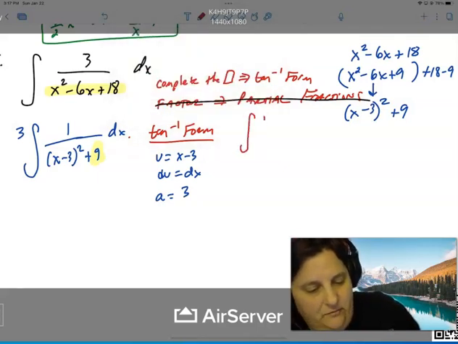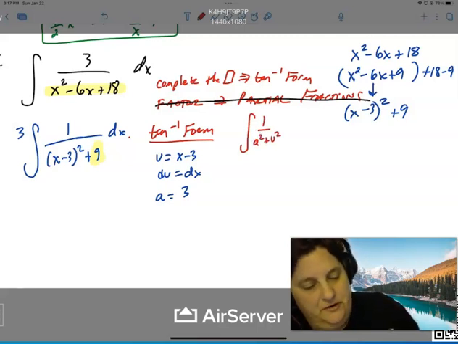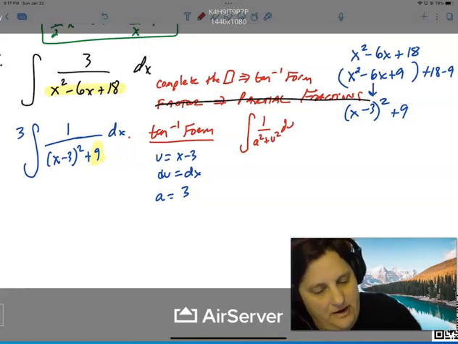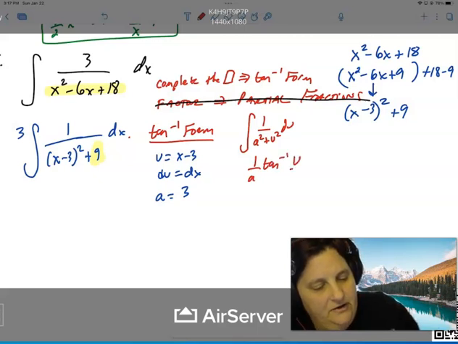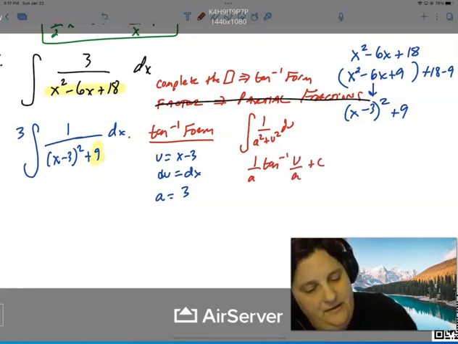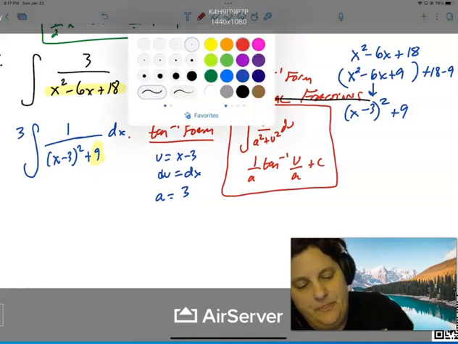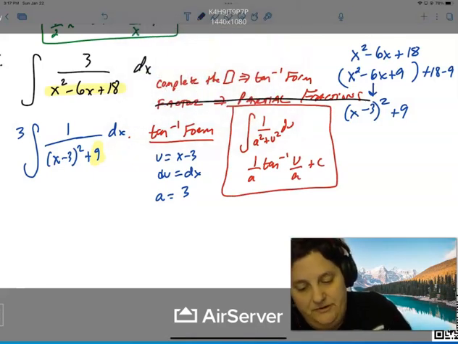Now, I want you guys to remember, for inverse tan, okay, it's the integral of 1 over a squared plus u squared du, whichever way the a squared and the u squared are, that doesn't matter. It's 1 over a inverse tan u over a. That's what you got to memorize, okay? So this is, oh, there's a 3 out front.